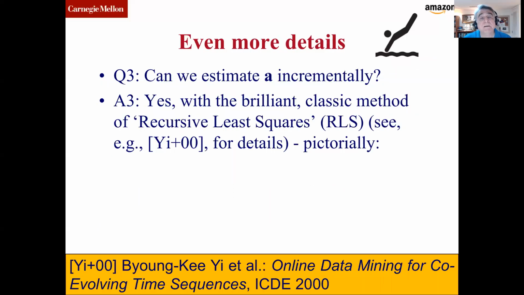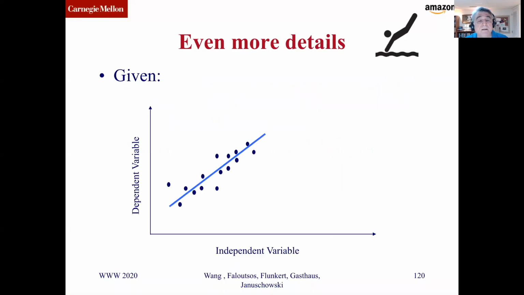Can we estimate the 5 parameters of the vector A incrementally? It turns out that we can. There is the brilliant method of least squares. The paper by Yi and the rest of us describes exactly this method from textbooks. The high-level idea is that if we have a window of one dependent variable and one independent variable, then we can fit a line to our historical data, the blue line.